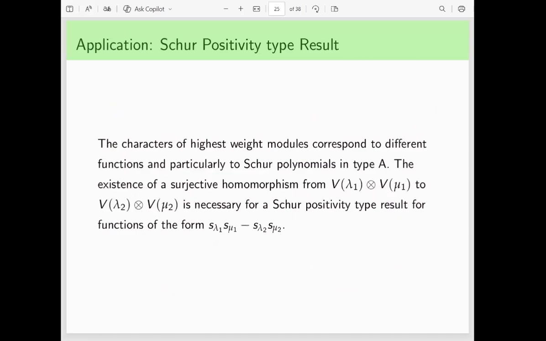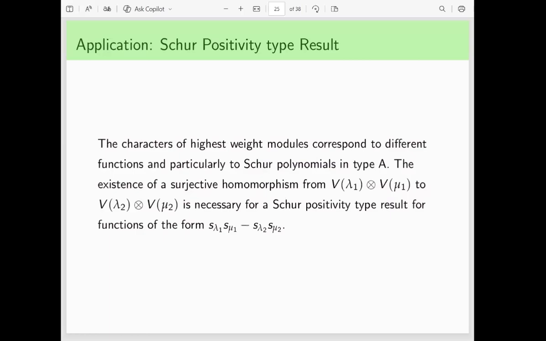Okay, so for the application, we have this Schur positivity type result. The characters of highest weight modules correspond to different symmetric functions, and particularly to Schur polynomials in type A. And a surjective homomorphism from V_lambda1 tensor V_mu1 to V_lambda2 tensor V_mu2 is a necessary condition for a Schur positivity result for functions of the form s_lambda1 s_mu1 minus s_lambda2 s_mu2.